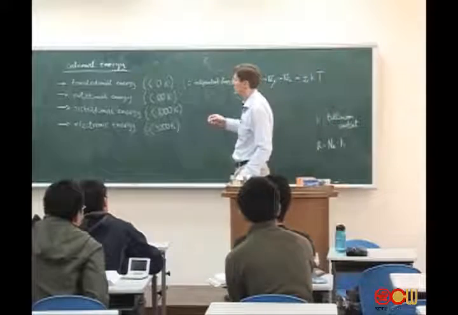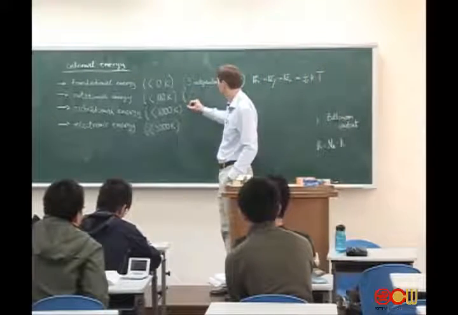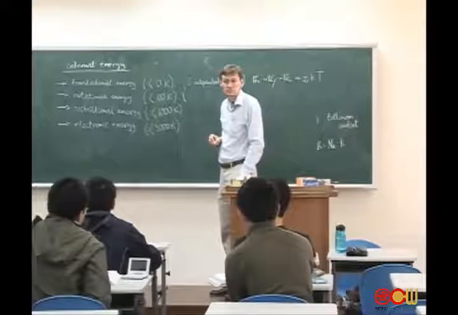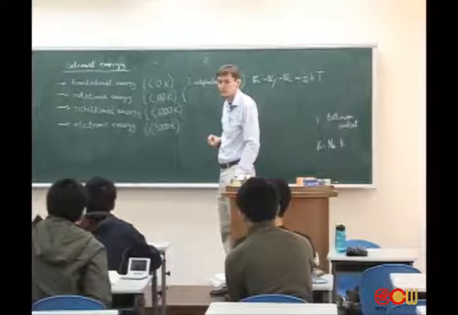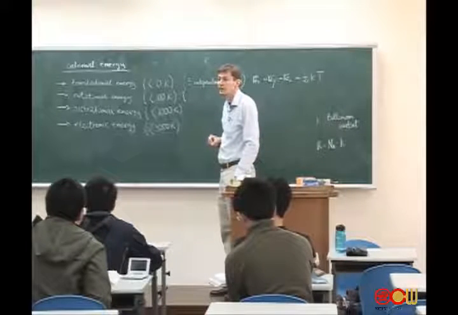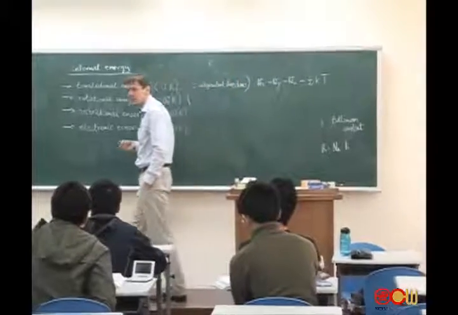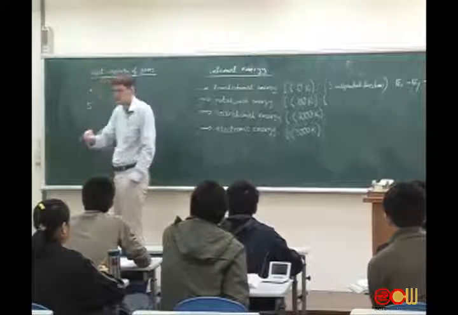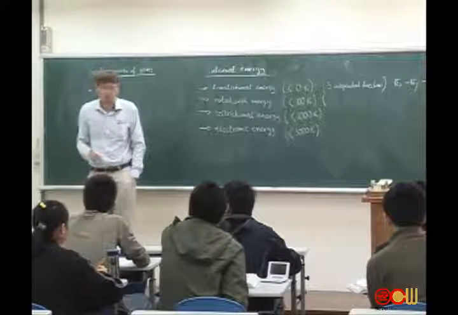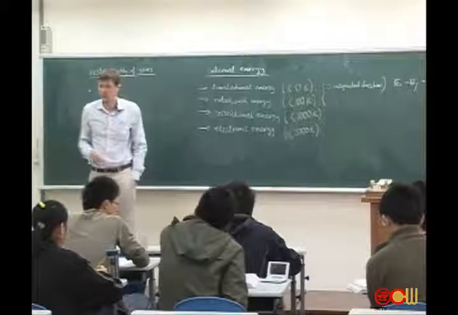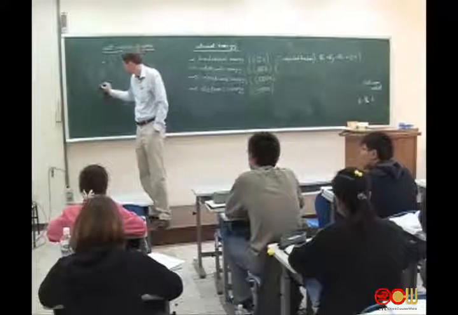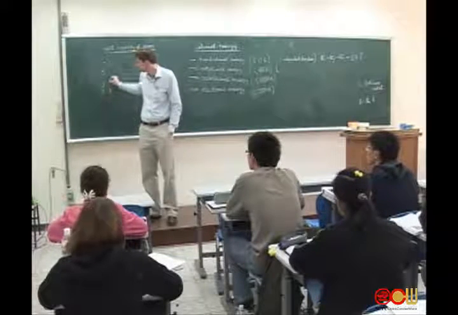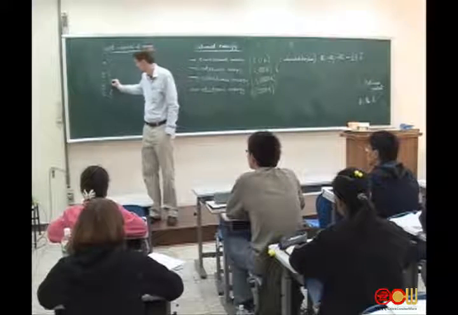Good. Let's analyze in a similar way the rotational energy. How many independent directions? 2? 5? Oh, okay. Looks like we have a nice situation. 5, 2. How many different independent directions for rotational? 3, 2, 3.